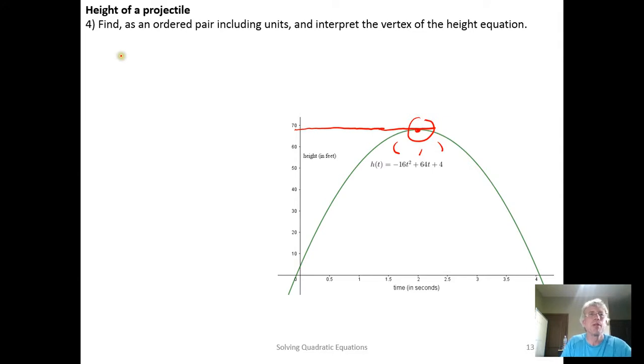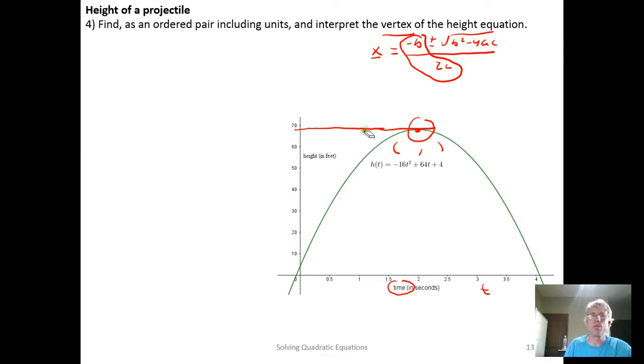So remember that the vertex, the x-coordinate, or in this case we have time on this axis, the time coordinate of the vertex is given by the first part of the quadratic formula, right? The quadratic formula was x equals the opposite of b plus or minus the square root of b squared minus 4ac all over twice a, and this negative b over twice a gives us the x-coordinate or input coordinate of the vertex.